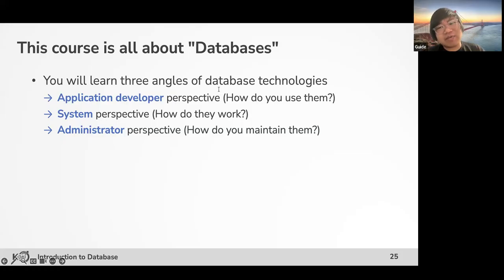It's more like good practices for using database technologies. I don't want to talk a lot about this because I would use a lot of words you may not understand now, so I will leave this slide as it is, and you will see more details in the future.